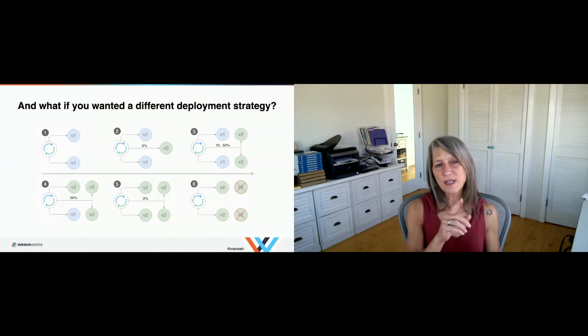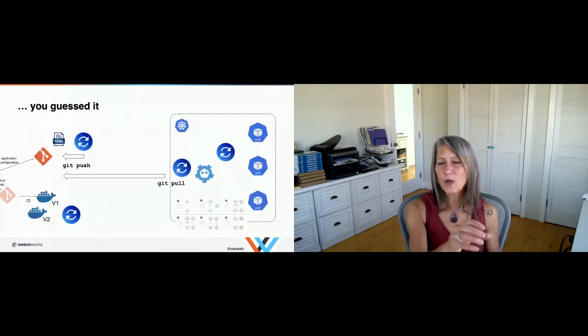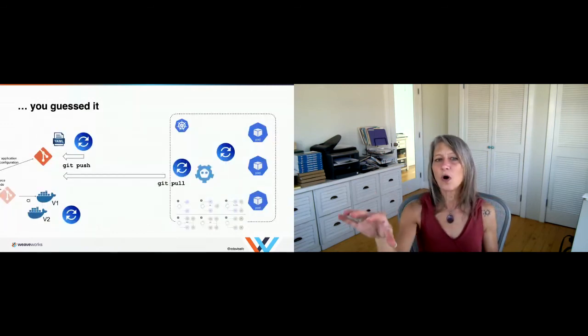Now, the good news is that these progressive rollouts, you'll notice here that there's, again, this kind of icon that shows this reconciliation. It turns out that we can apply those patterns, we can insert that into our software delivery lifecycle that we have here. So I can insert another reconciliation loop here that does that progressive deployment.